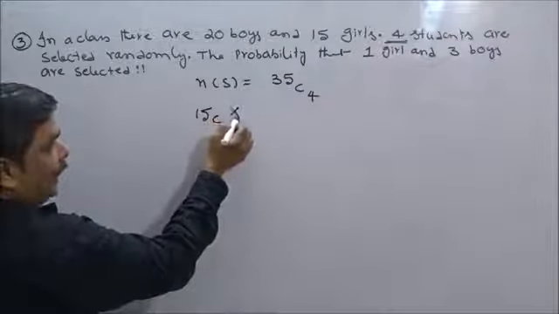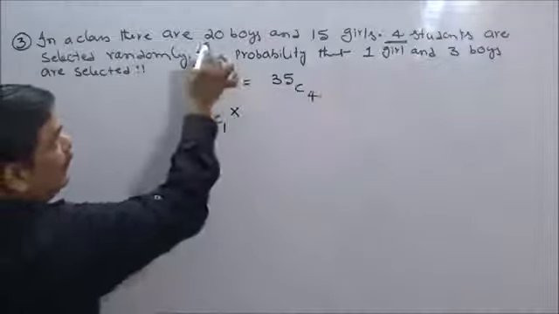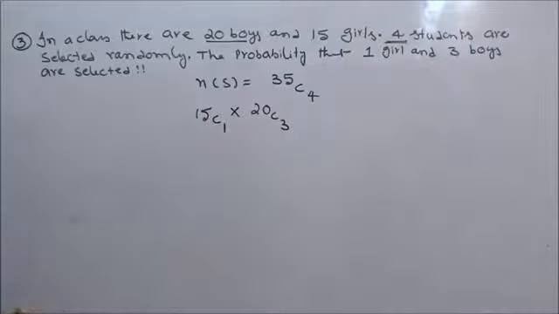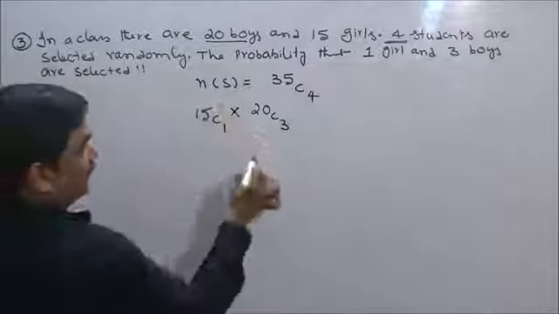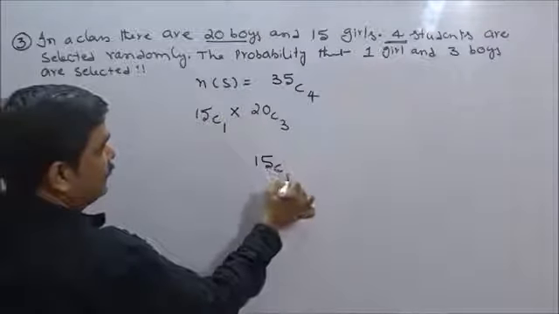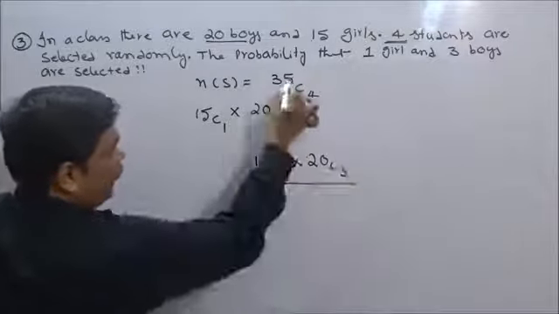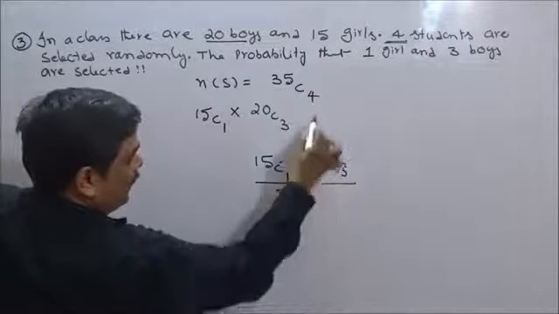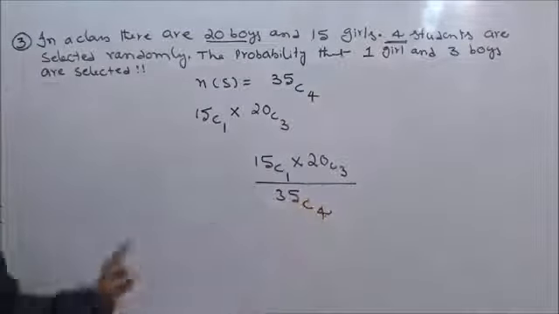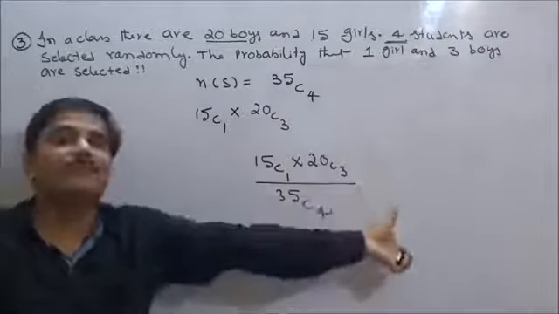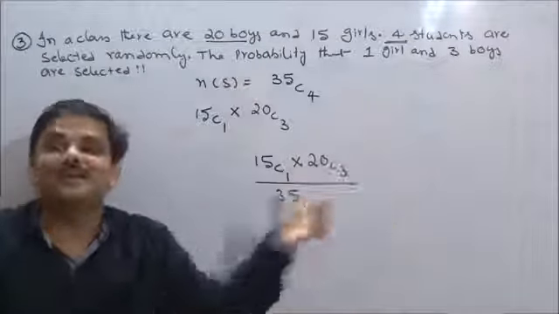And remaining 3 should be boys from 20 boys. 20 C3. Now, probability of the event is 15 C1 into 20 C3 divided by 35 combination 4. Going to be the final answer for this question. If you want, you can simplify this one. You will get the fraction there.